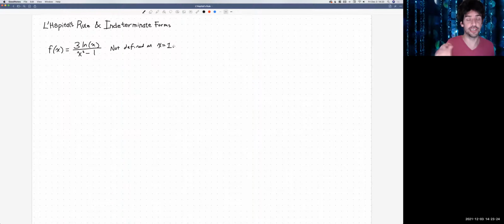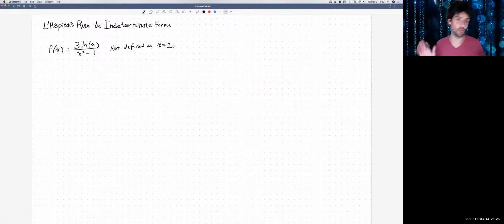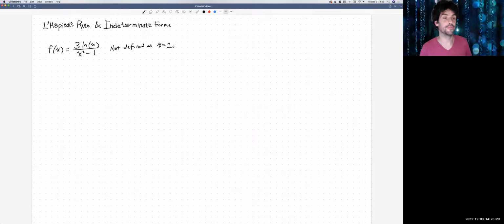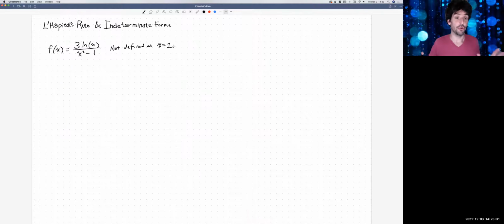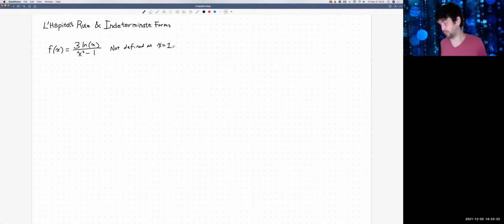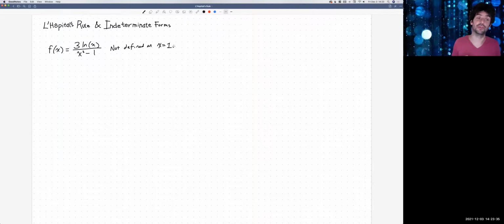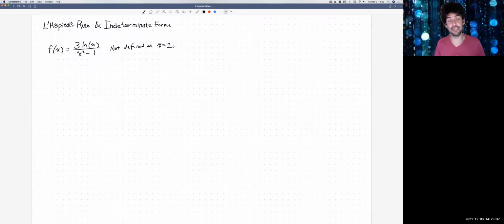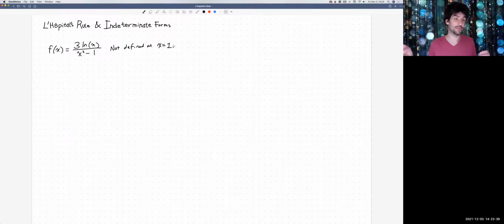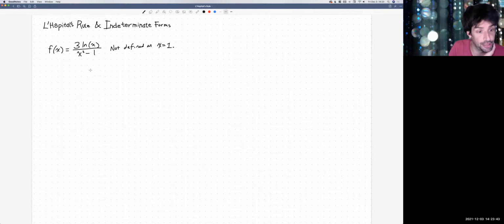Even though the function is not defined there, we might be interested in what's happening as we go towards that point. It might still tell us good information.